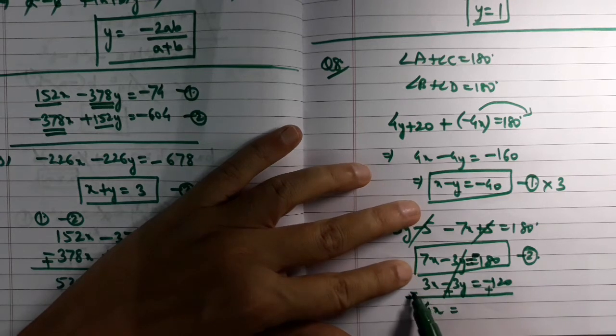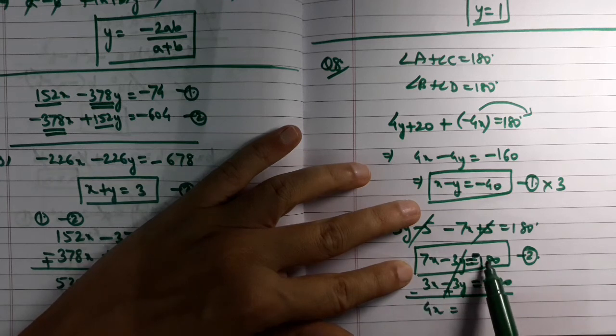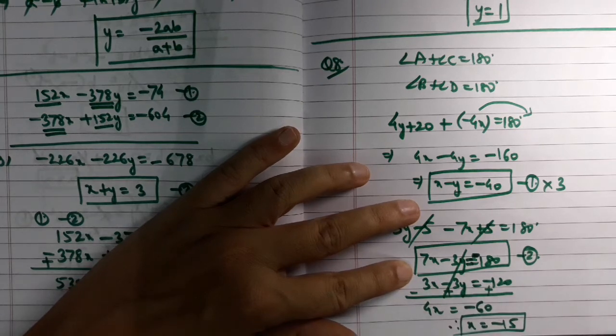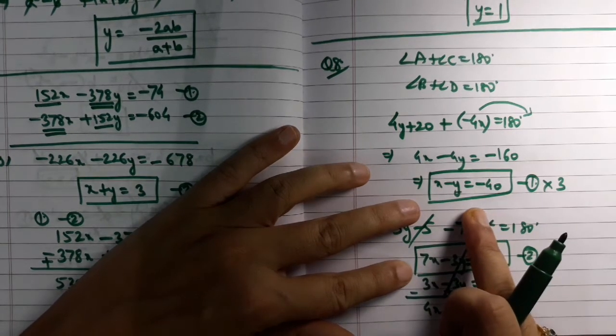On subtraction this becomes minus, plus, plus. 7x minus 3x is 4x is equal to minus 180 plus 120. It comes out to be minus 60. So from here the value of x comes out to be minus 15. Now you will substitute the value of x in any of the equations.